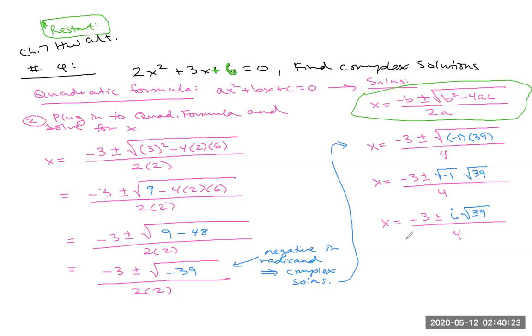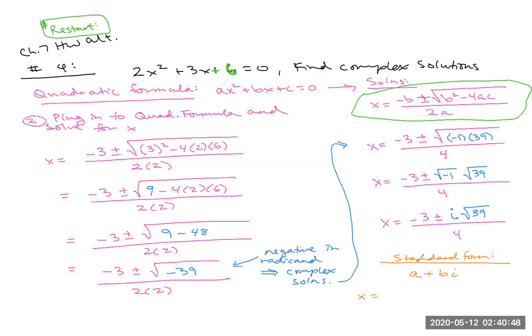Now, I believe this wants you to write it in standard form. You can try it in your homework. If it lets you type it in that way, great. But essentially standard form for a complex number is separating the a and the bi part, like the real and the imaginary part.